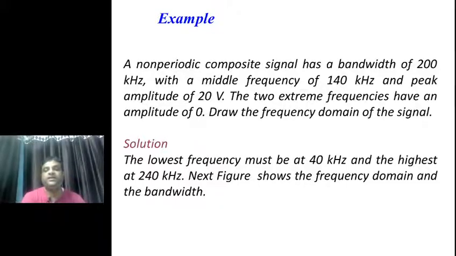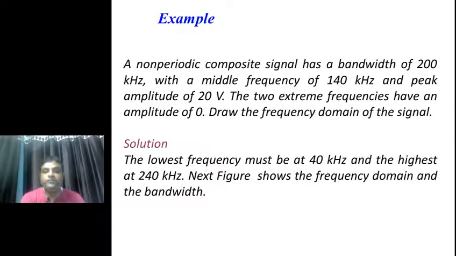In that way, we allocate the lowest frequency and the highest frequency. If you choose 40 as the lowest and 240 as the highest, then the difference between 40 and 240 is 200 kilohertz, that is the bandwidth. In that way we are able to decide the bandwidth.